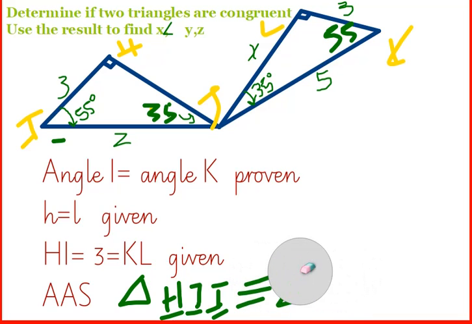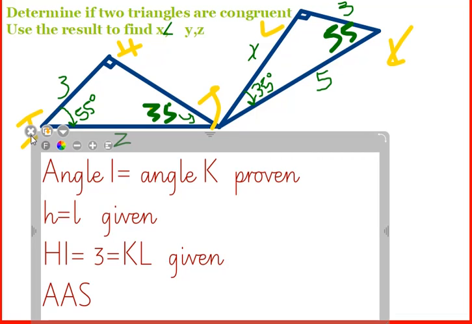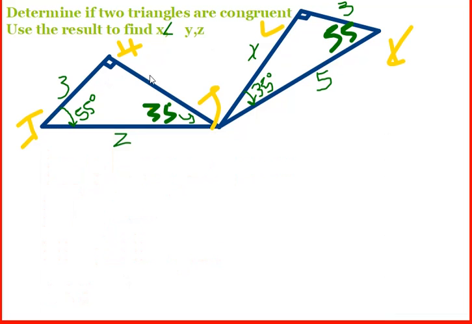So let's do that now. So if we were to determine z, we've just said that these triangles are congruent, meaning they're exactly the same. So looking at this side here that's opposite the 90 degrees is 5.